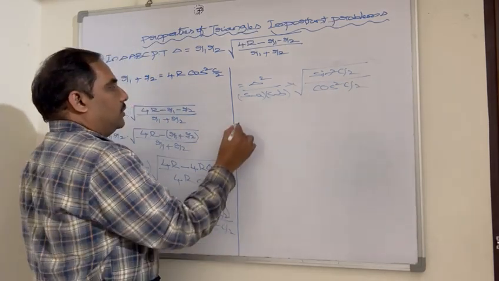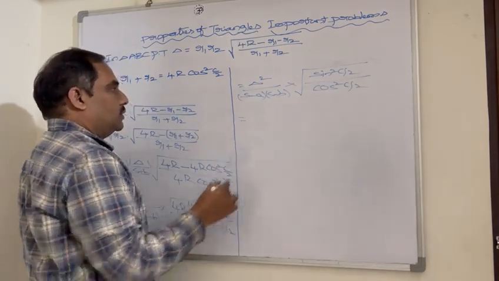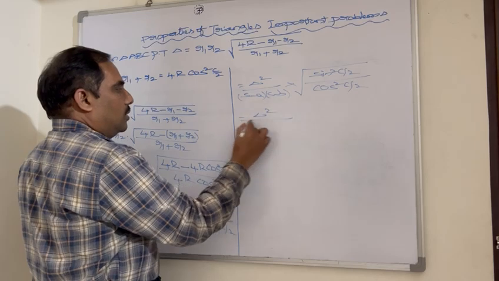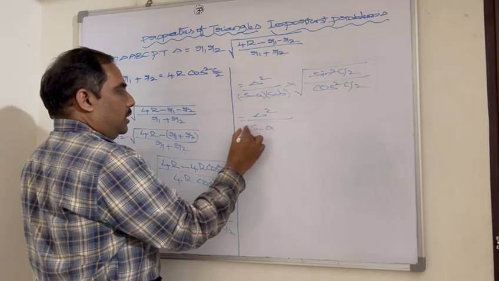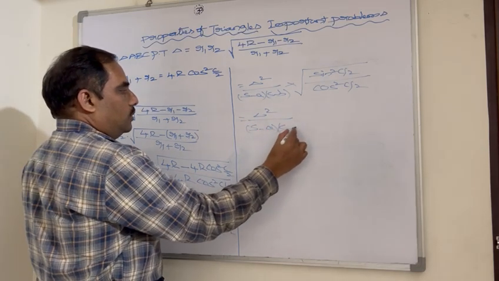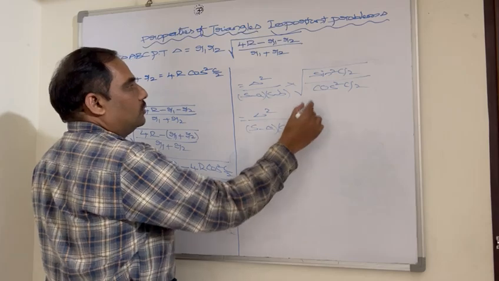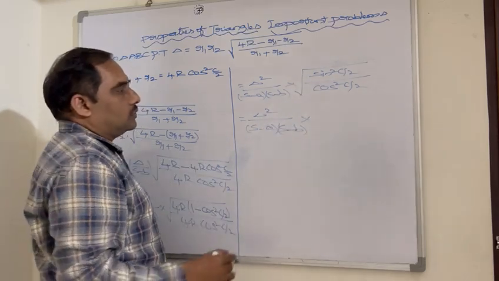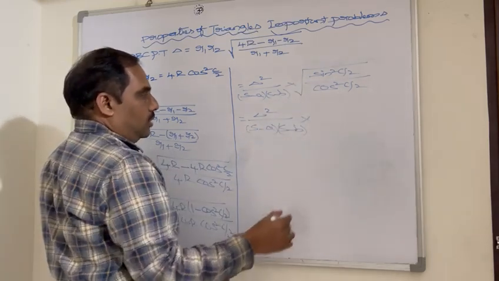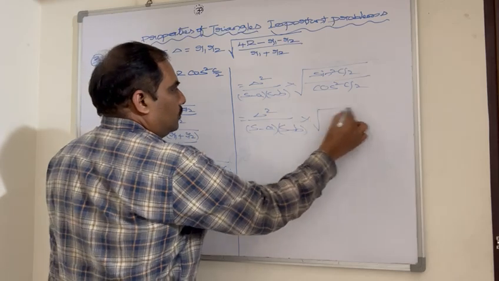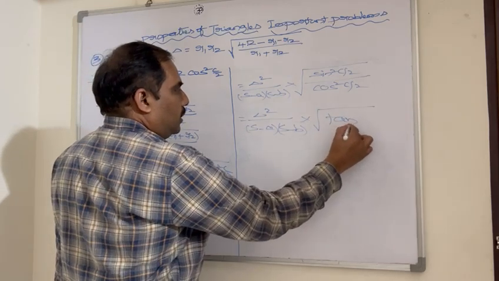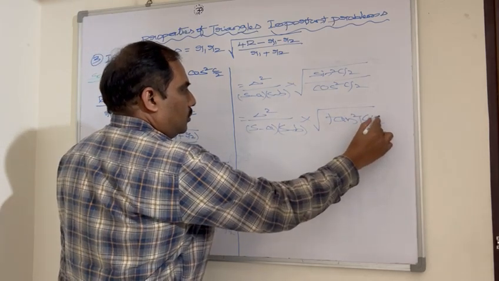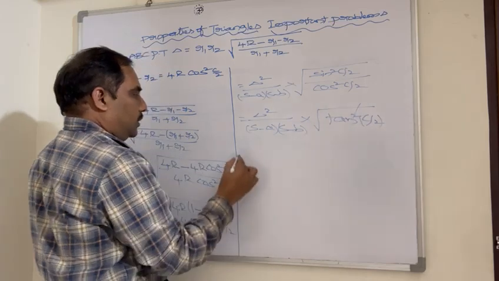So finally what we can write, which is delta square by (S minus A) into (S minus B) into root over sin square C by 2 by cos square C by 2, which is root over tan square C by 2. So now square and root get cancelled.